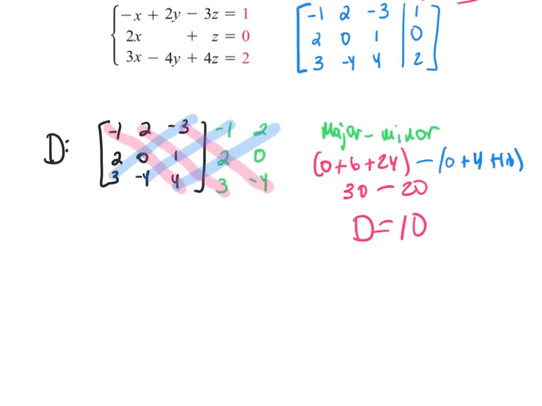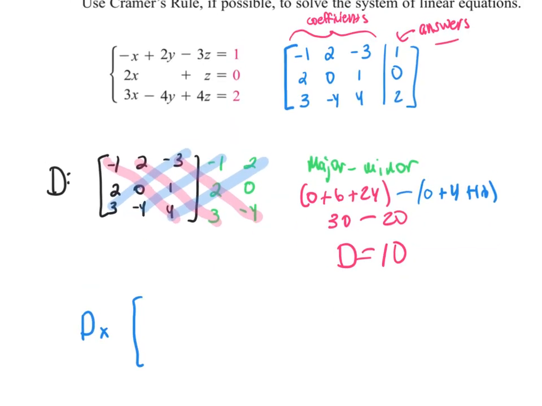So now find your letters. Let's find D sub x. So instead of the x column of my matrix, what am I plugging in? The answer. So I'm going to put 1, 0, and 2. Does everybody see that? Since we're finding x, I'm going to plug the answers in right here for x. So then the next column is the same. What is it? 2, 0, negative 4.